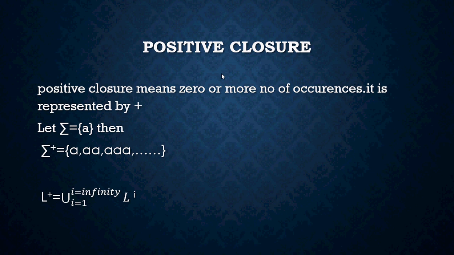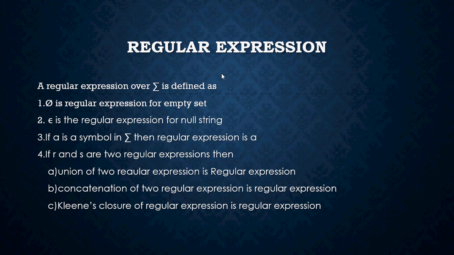And the regular expression. So what is meant by a regular expression? A regular expression is mathematically defined over sigma. Phi is a regular expression for the empty set. Epsilon is a regular expression for the null string.